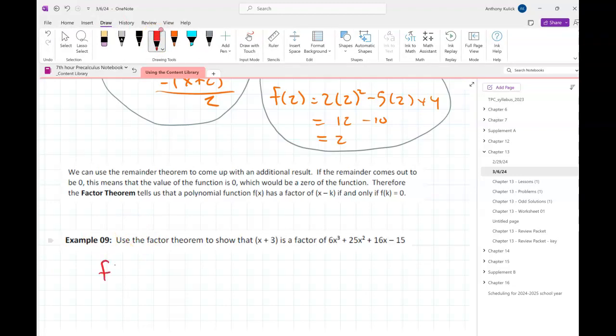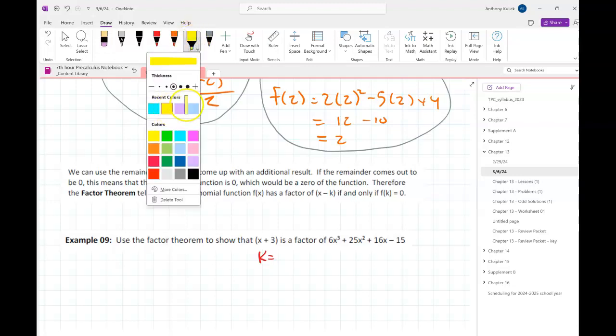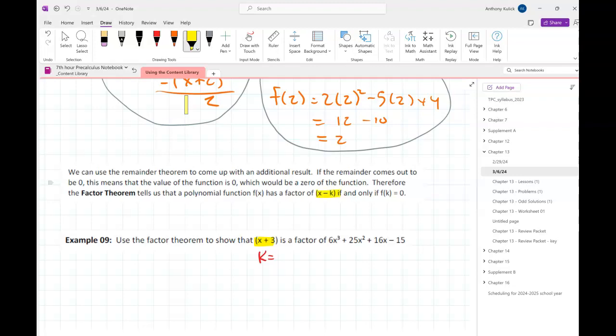So I can just say, what's the k in this case? Should start there. So x plus 3 is my x minus k. What's k? Nope. Negative 3, right? Because what are we really doing?